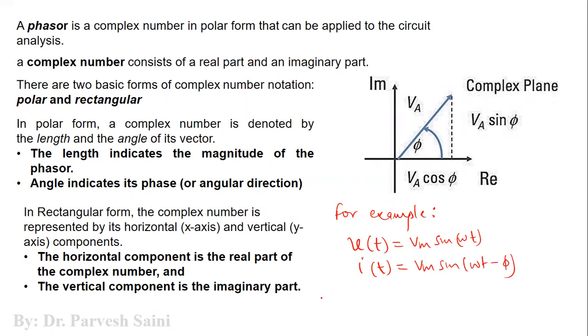So here your i(t) is lagging v(t) by phi radians or degrees, right?